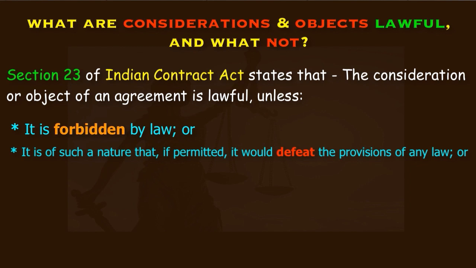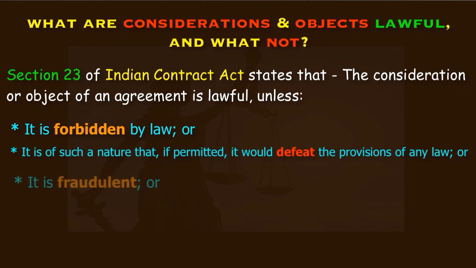Though the object or item that you want to trade is not unlawful directly, if certain provisions, even indirectly related to it, prohibit the trading of that item, that is unlawful.